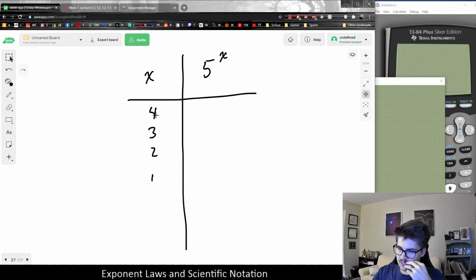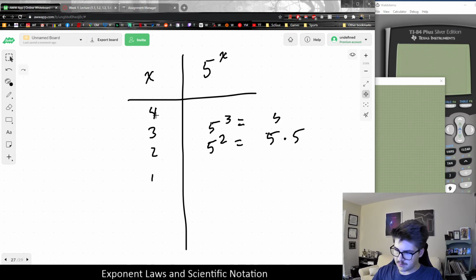Well, if I was thinking of 5 squared, 5 to the second power, that would mean 5 times 5. And if I was thinking about 5 to the third power, that would mean 5 times 5 times 5, or 5 cubed.